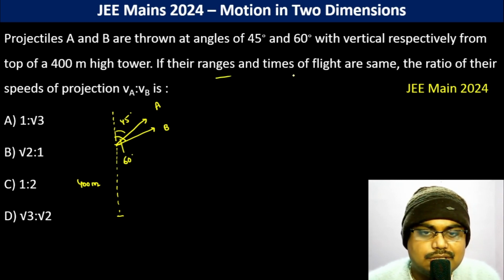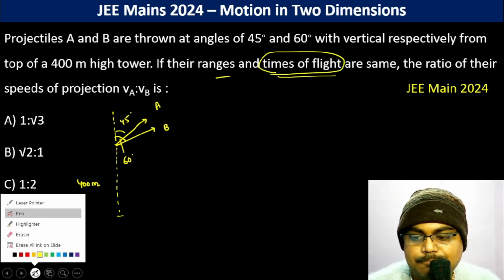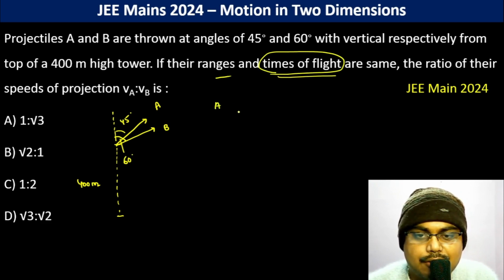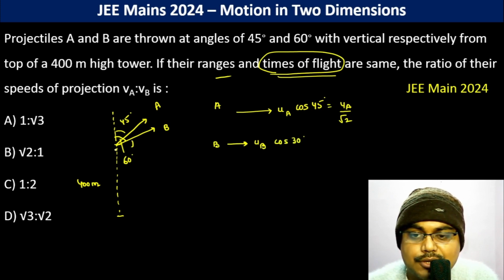Now if the ranges and times of flight are same, the ratio of the speeds of projection, so what's going to happen is that for A in this direction it's going to be UA cos 45 degree, which is UA by root 2. For B, the velocity in this direction is UB cos of 30 degree, because this is 30 degree, which is UB root 3 by 2.